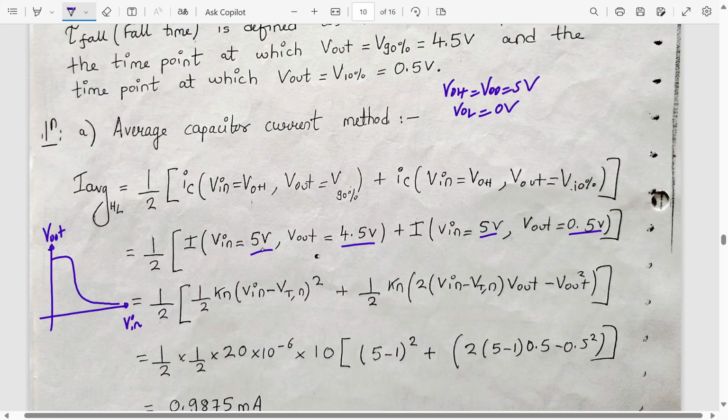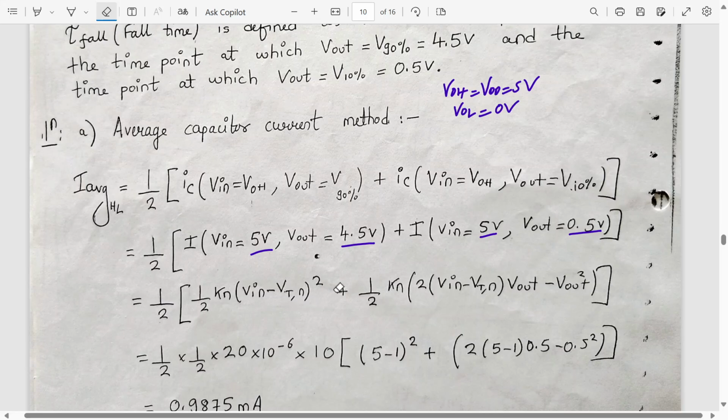So this is V out versus V in. In the first case, my transistor is in saturation, so that's why we have written the formula half Kn, V in is basically VGS minus VT, and the whole square. Now how do you know the transistor is in saturation?